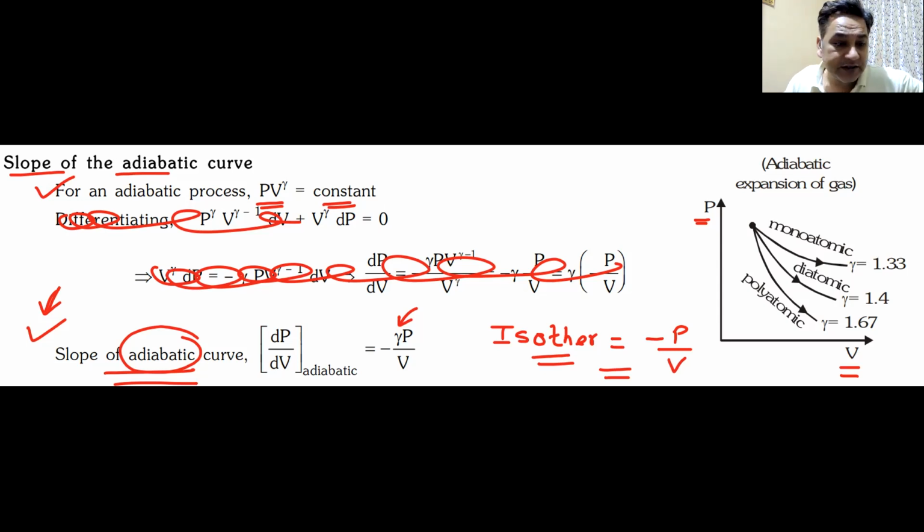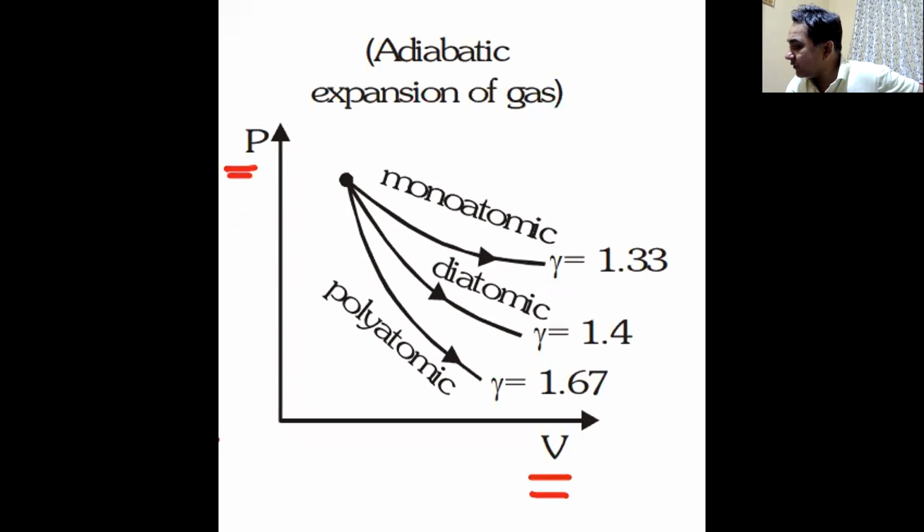Now, if you have written this, we are going to see this graph, and remember this graph is the most difficult question that can come from this part. This is the graph-based question.